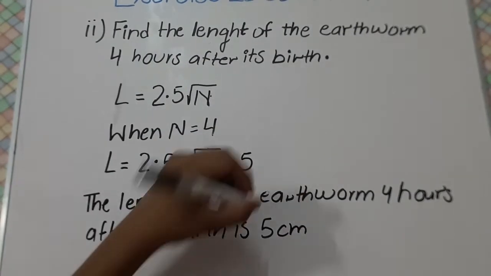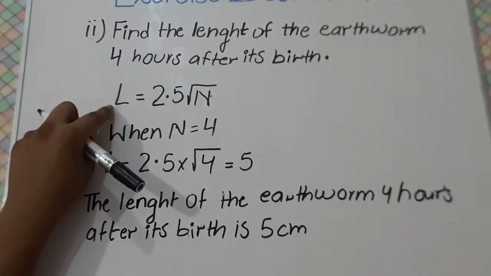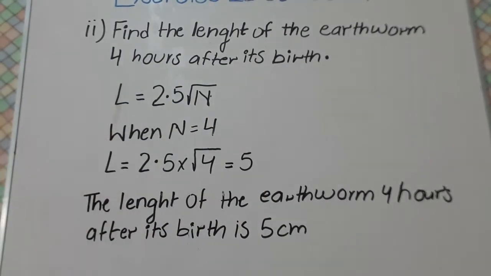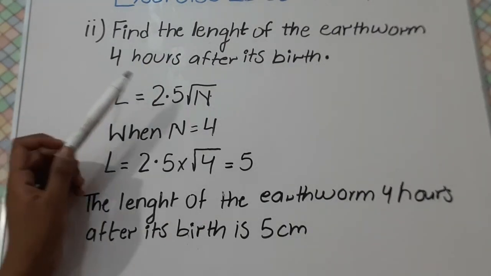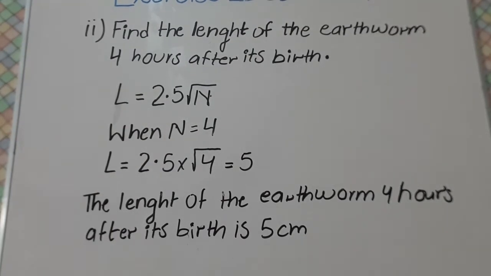In this question they ask us to find the value of L in centimeter, which means they asked us to find the length by using the value of the given time, which means hours, which means n. So the length of the earthworm 4 hours after its birth is 5 centimeter.